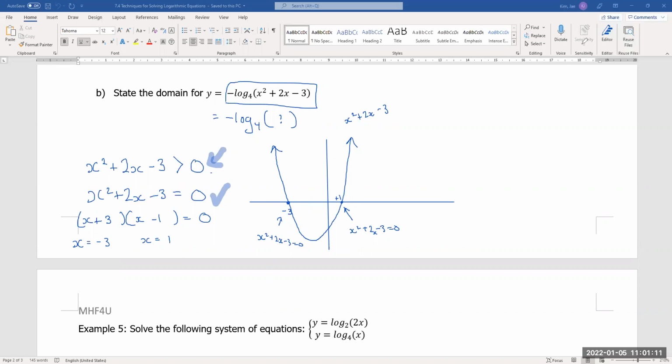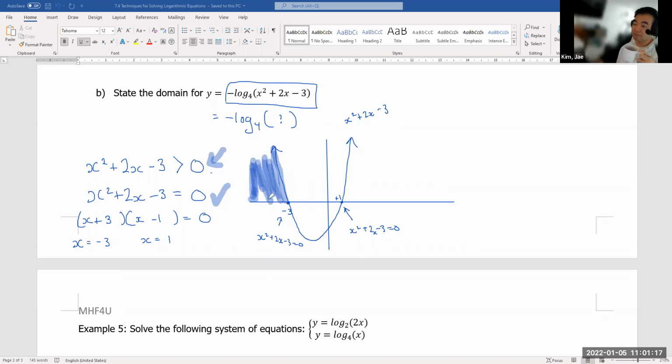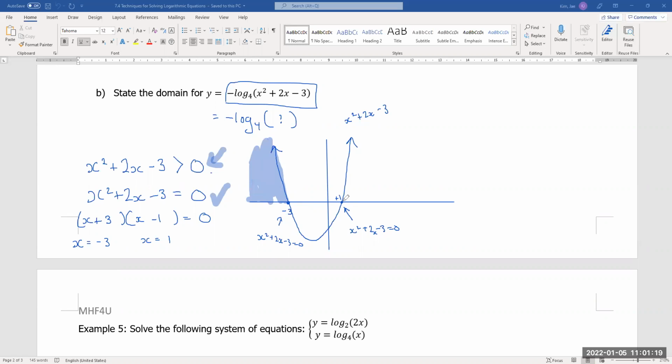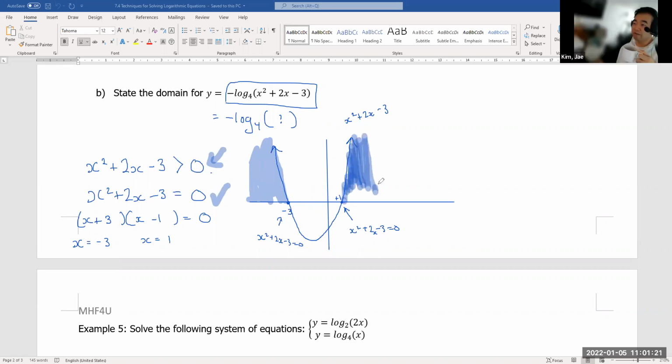It's greater than 0 when x is less than negative 3 and greater than positive 1. Correct. All of this and all of that is when it is greater than 0. In other words, what is the domain?